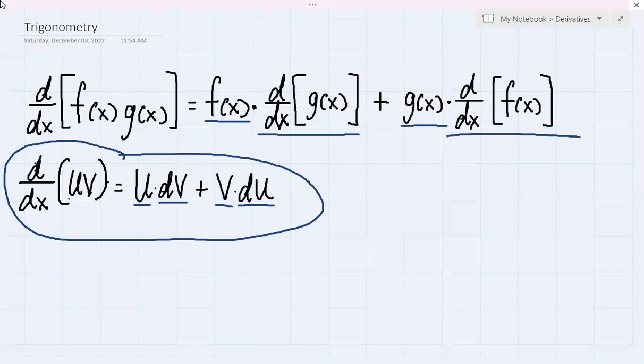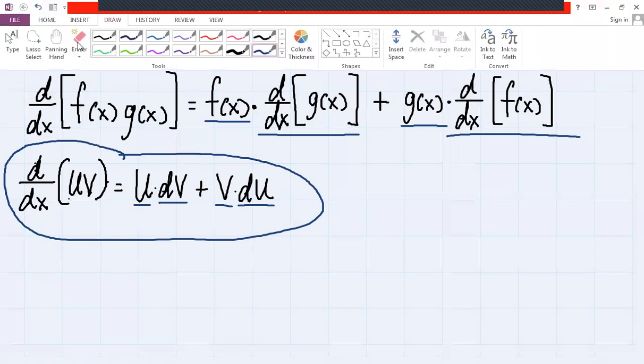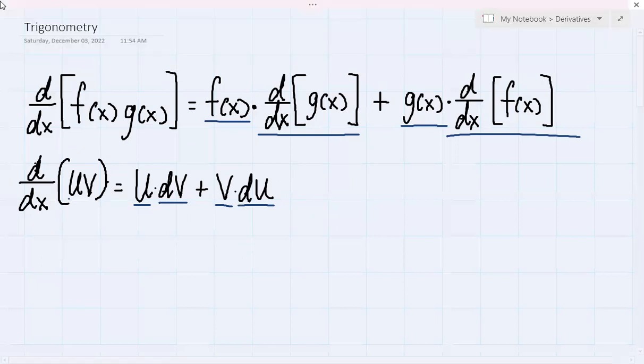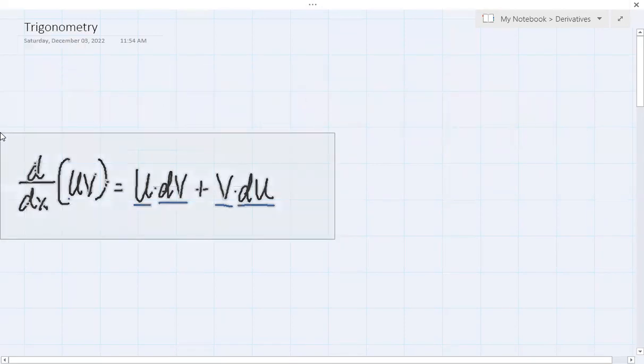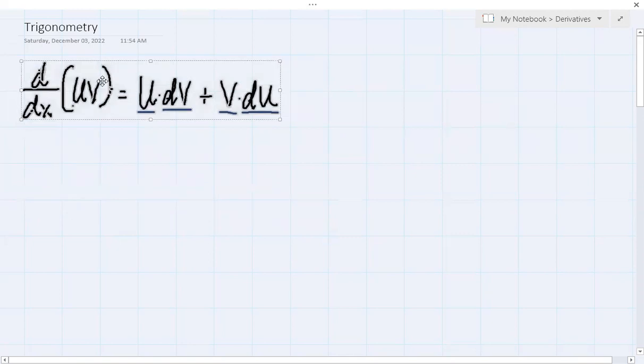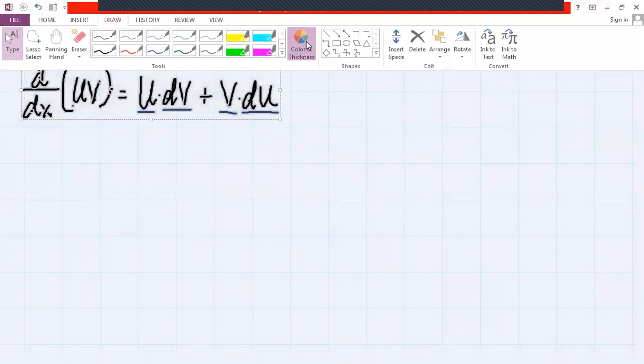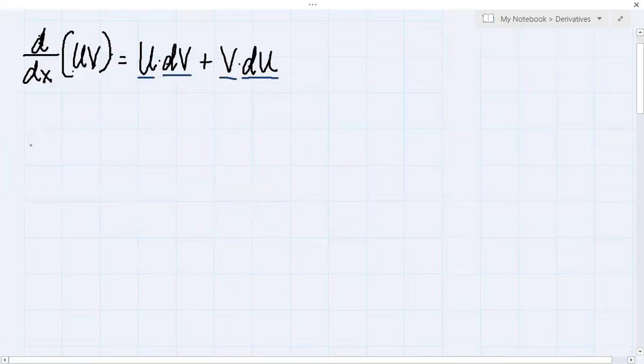Okay? Now, let's try to apply product rule of differentiation sa mga given nating examples. So, ilagay natin dito. So, unang example, we have the derivative of sin x times cosine x.